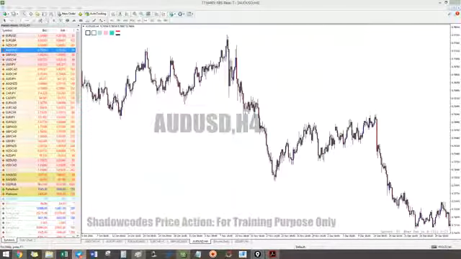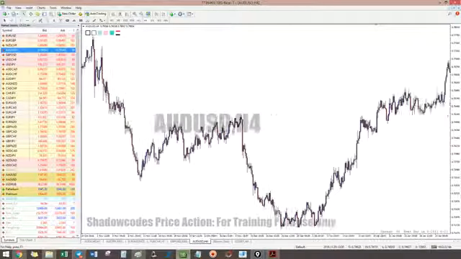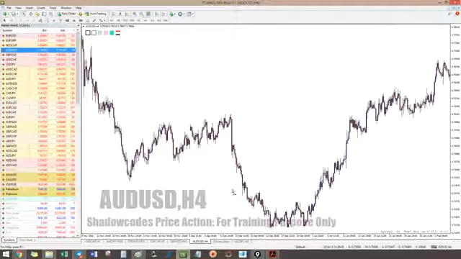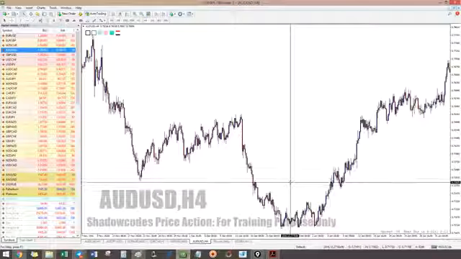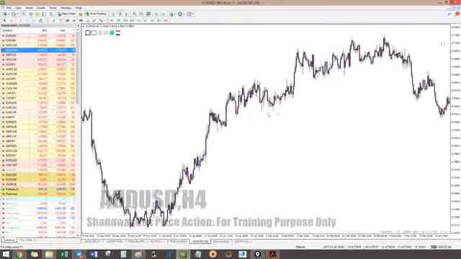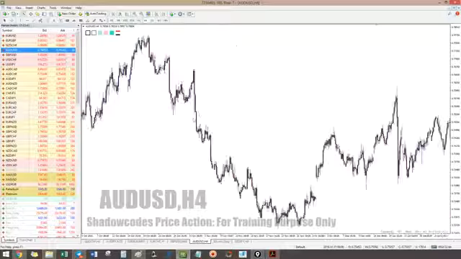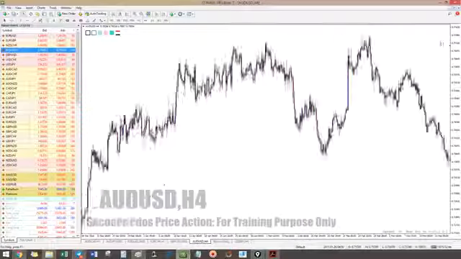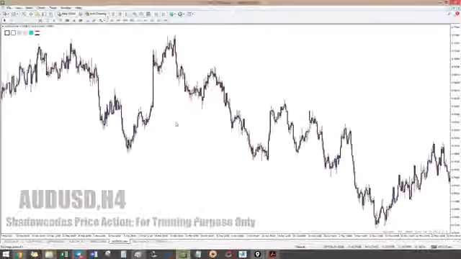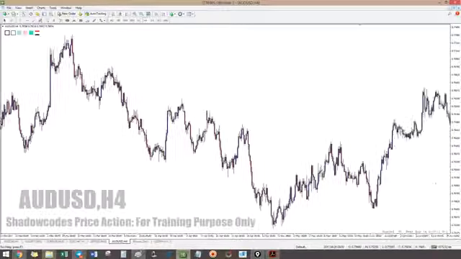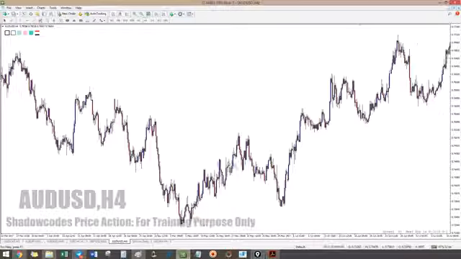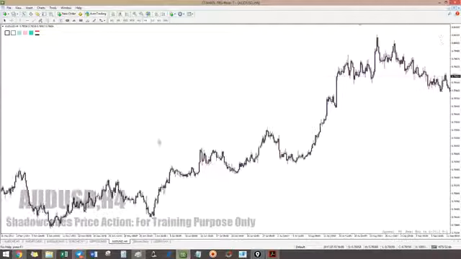Alright, let's find more. Drop base drop as a swap zone. Wow, it's quite difficult. Wait.